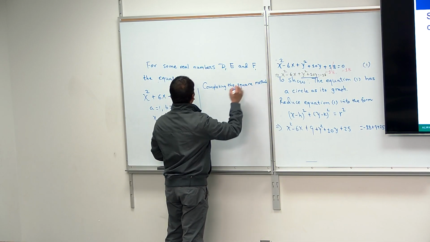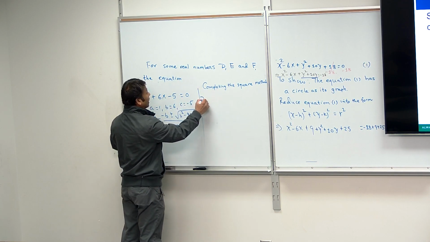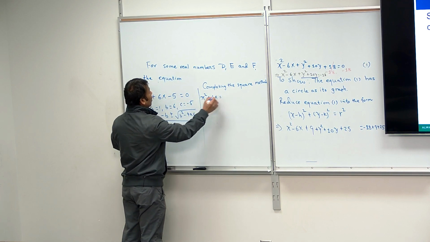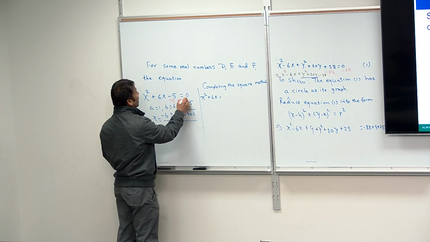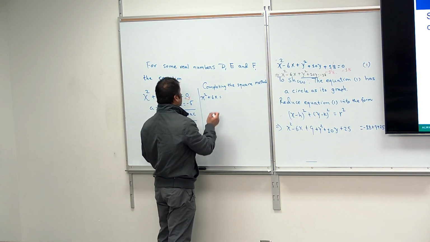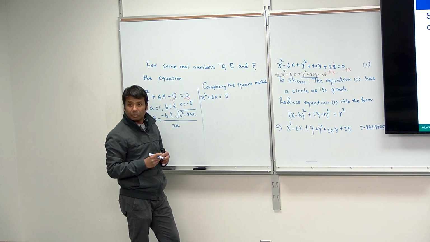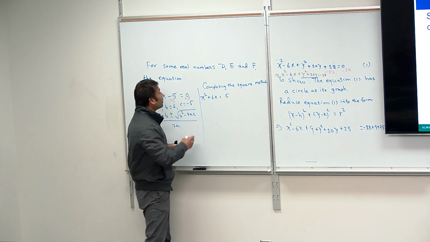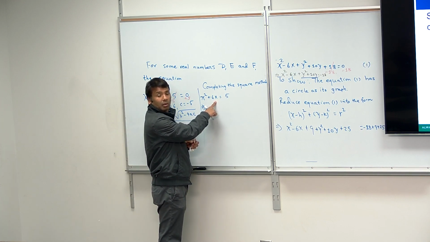So what you do is first you move the constant term to the right side: x squared plus 6x. When you move this to the right side, you add 5 on both sides and cross them out. So x squared plus 6x equal to 5. Then look at the coefficient of x. What is it? 6, right?